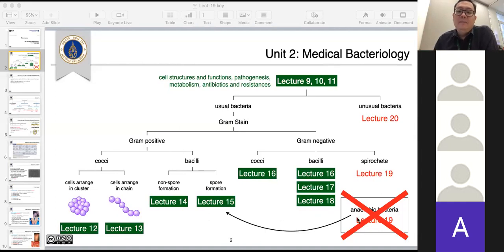There are some other anaerobes, but I think they are not the main disease for patients. So this lecture will go to spirochetes mostly.